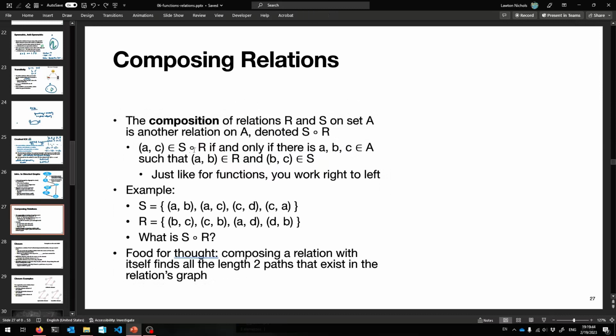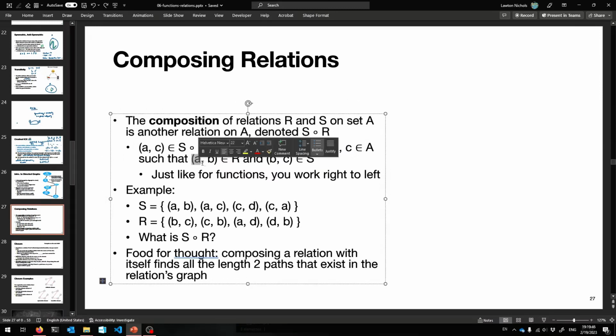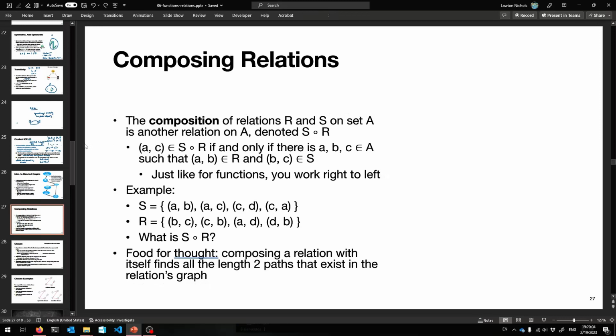If you can run the R relation, if you know that A is related to B, and then you also know that B is related to the C that you're looking for in S. So this is in the relation R and this is in the relation S. You can squish them together and know that A and C are related. That's relation composition. It's a very transitive idea.